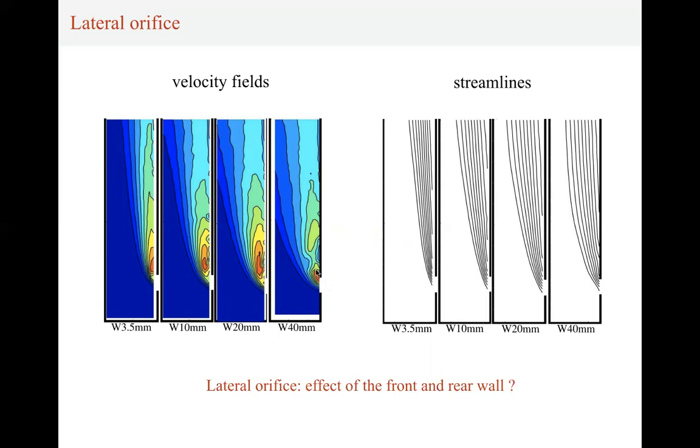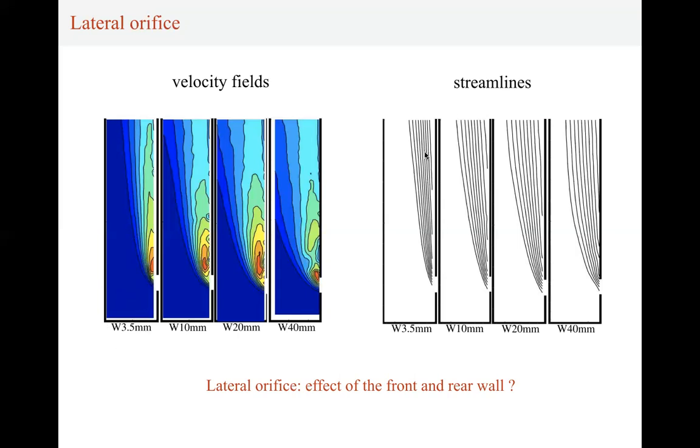And you can see that the velocity increases in the zone which is still linked with D, the size of the aperture. But what is really interesting is that the dead zone increases a lot when the silo thickness decreases. So the thinner the silo, the bigger this dead zone.